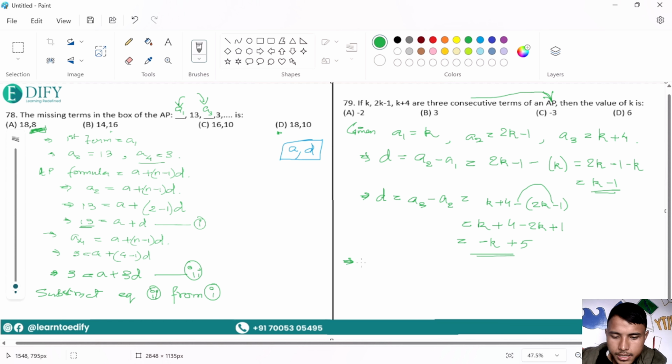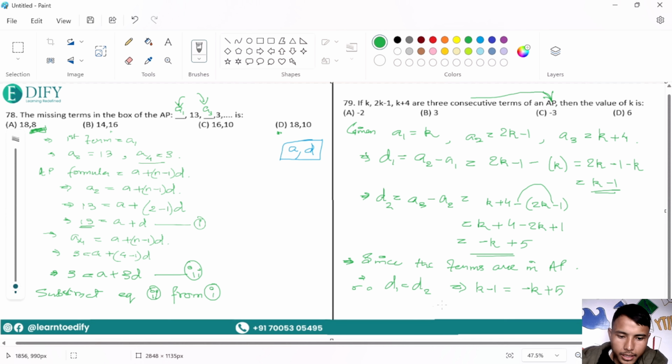Since the terms are in AP, the common difference should be the same. So D1 is equal to D2. Then D1, which is k minus 1, is equal to minus k plus 5.